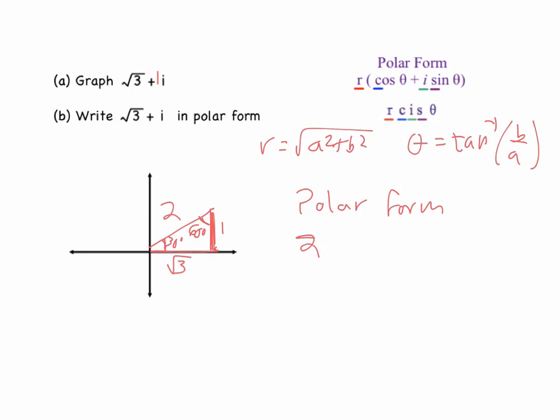So I'll have 2 times cosine, and this time we don't need to do anything to manipulate the angle, because we're in quadrant 1, that 30 degrees from my triangle is my angle theta. So cosine 30 degrees plus i sine 30 degrees, and then I'm done.